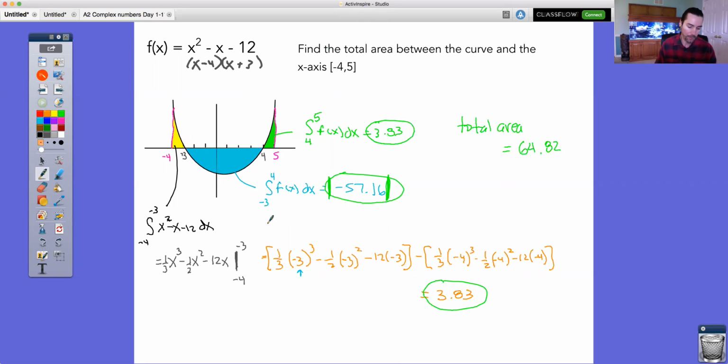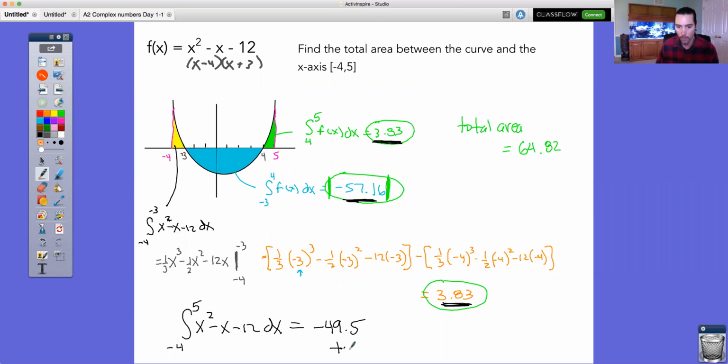If I asked you this, integrate from -4 to +5 for the function x squared minus x minus 12 with respect to x, I would not get 64.82. I would get 3.8 minus 57.16 plus 3.8, which would be -49.5.